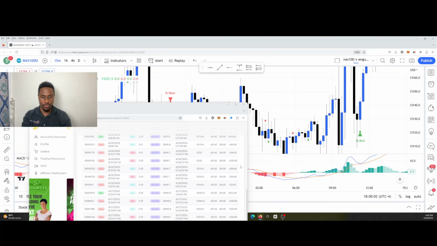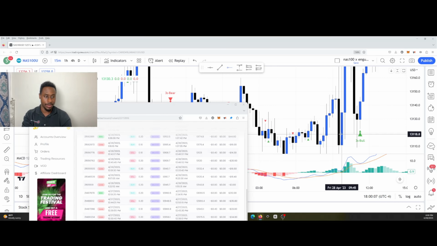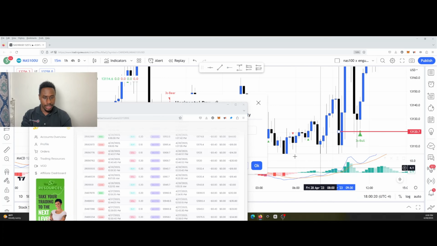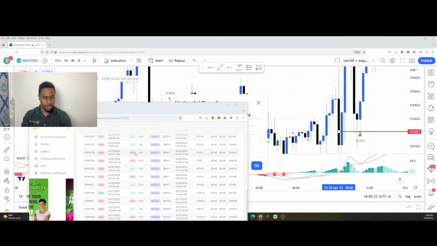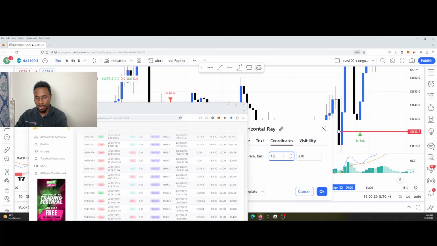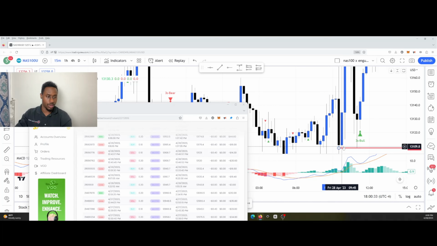Okay, let's move on now. This other trade, I entered on the same candle, a little earlier, on the 9:30 candle, at 13,108.7.